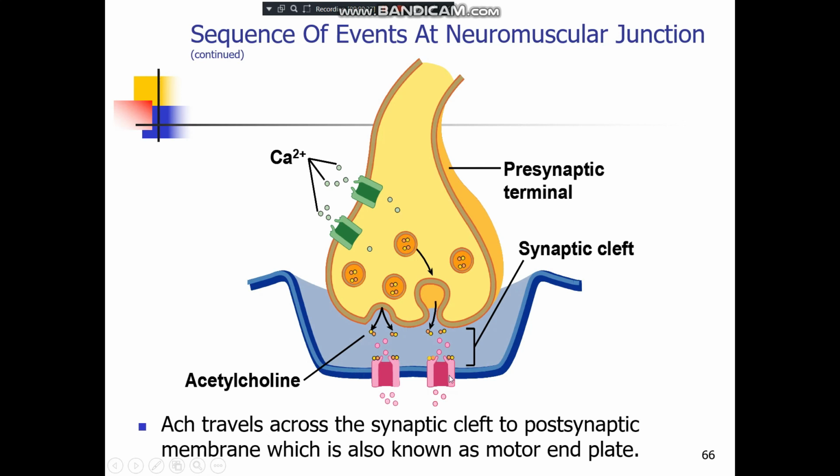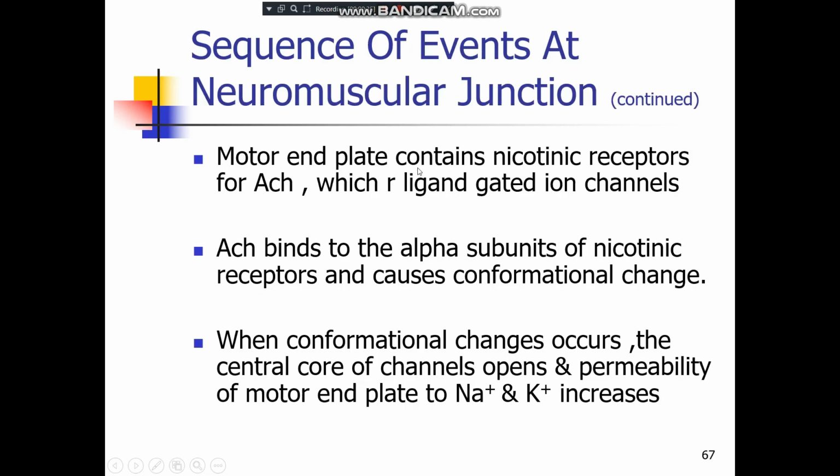This is the postsynaptic membrane, also known as the motor end plate, on which you have acetylcholine receptors. And the motor end plate mainly contains nicotinic receptors for acetylcholine. So acetylcholines are attracted by these nicotinic receptors, which are ligand gated channels.